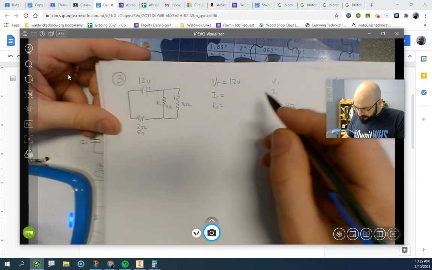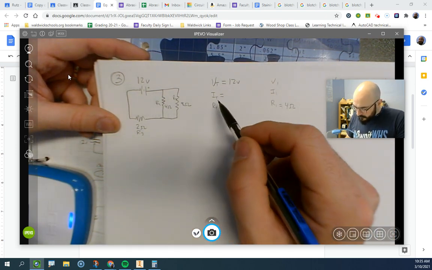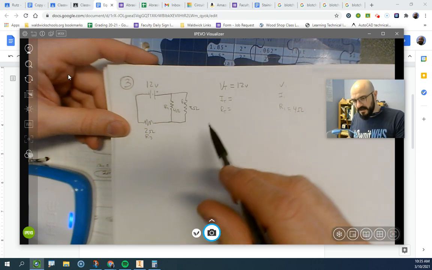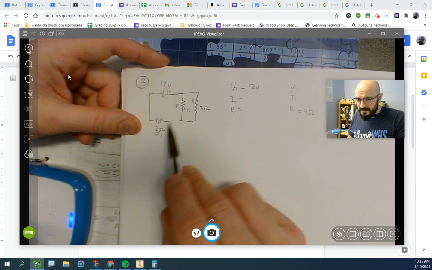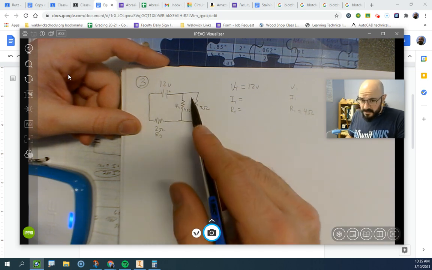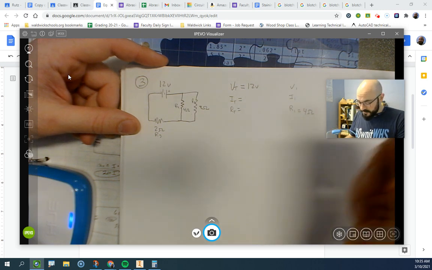To find the total current or the total resistance, I need to simplify this, because these two are in parallel and then these two sets are in series. So I'm going to start by turning these into a single resistor.